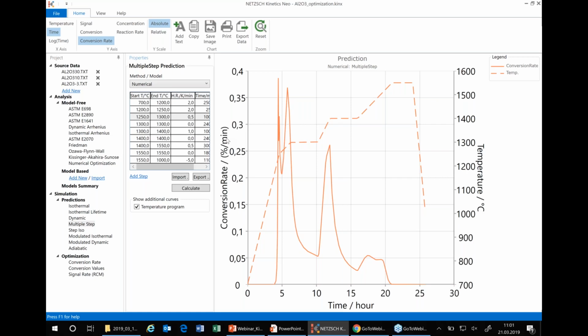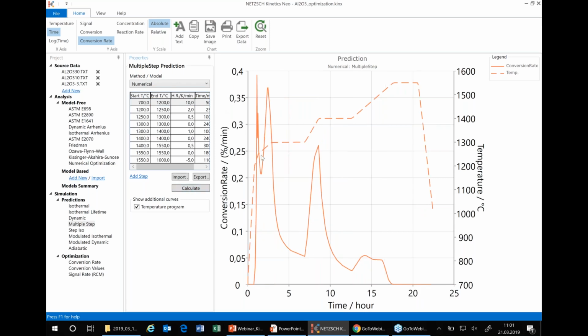Next point, how to make it shorter. Now the temperature program, the total temperature profile, is a little bit more than 25 hours. Let's make it shorter. In the first 4 hours nothing happens. Let's improve, make the heating faster. Great. Next heating, everything okay.